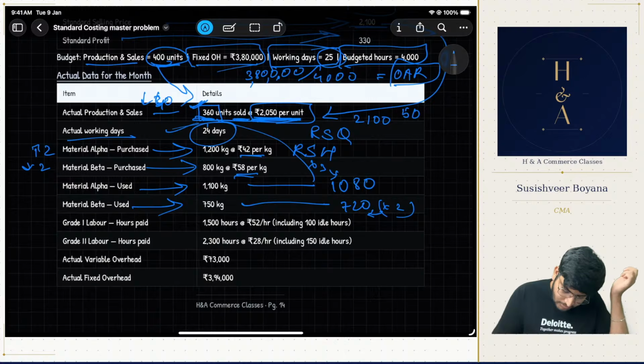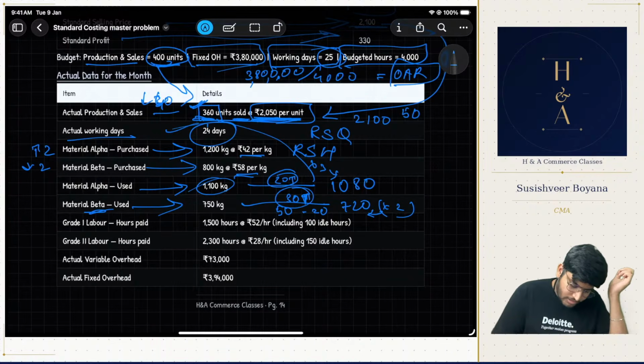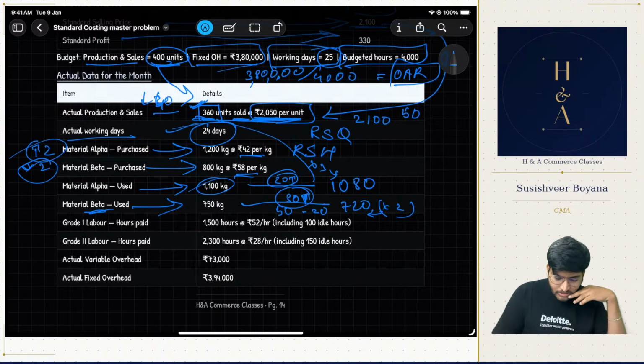But that means for beta, they've used around 50 minus 20. They've used 30 kgs more of beta. And they've also used 20 kgs more of alpha. That means usage is bad. Material variance one way is bad. The other way it's in favor because we purchased it at a lower price.